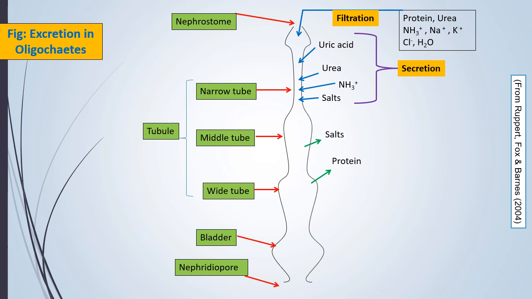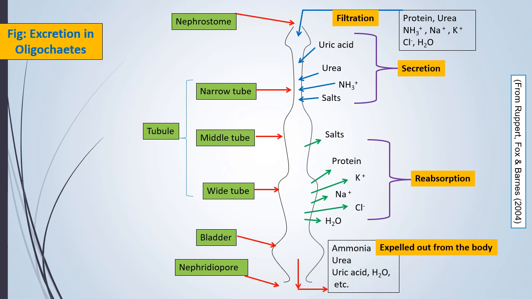The wider tube cells absorb protein, potassium ion, sodium ion, chloride ion, some water, and finally the bladder receives the urine, which is expelled out from the body. This expelled urine is composed of ammonia, urea, uric acid, water, and some ions.